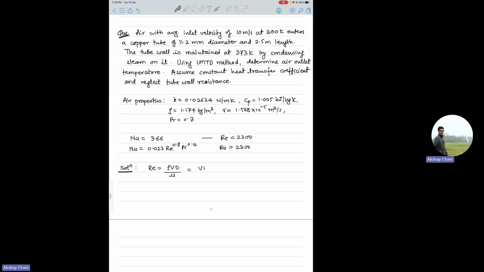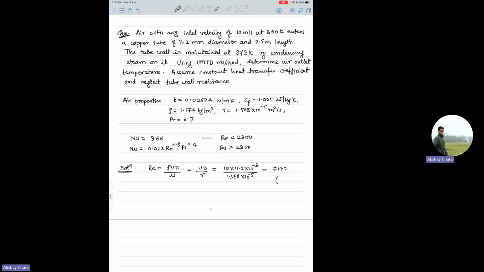But here they have directly given you the kinematic viscosity, so you can use it this way. Velocity is given as 10, diameter is 11.2 mm divided by kinematic viscosity 1.568 times 10 to the power minus 5. So if you do this calculation, you should get a Reynolds number of at least this order, 7.